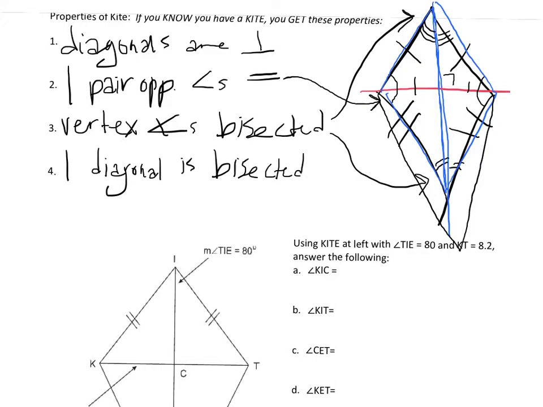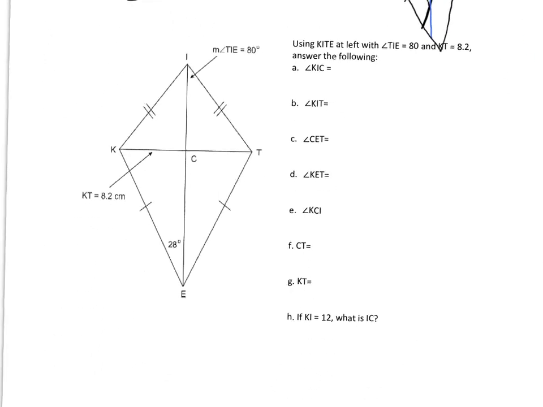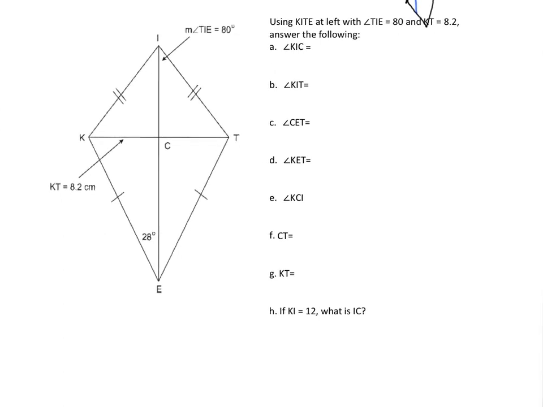So if we were going to look at an application of this and how we can use what we know about kites to find some different angle measures, we'll look at this kite, K-I-T-E. And this is going to take lots of labeling and looking at the picture, and that will pretty much give us all our answers. So I'm initially going to start just by filling in as much as I can.